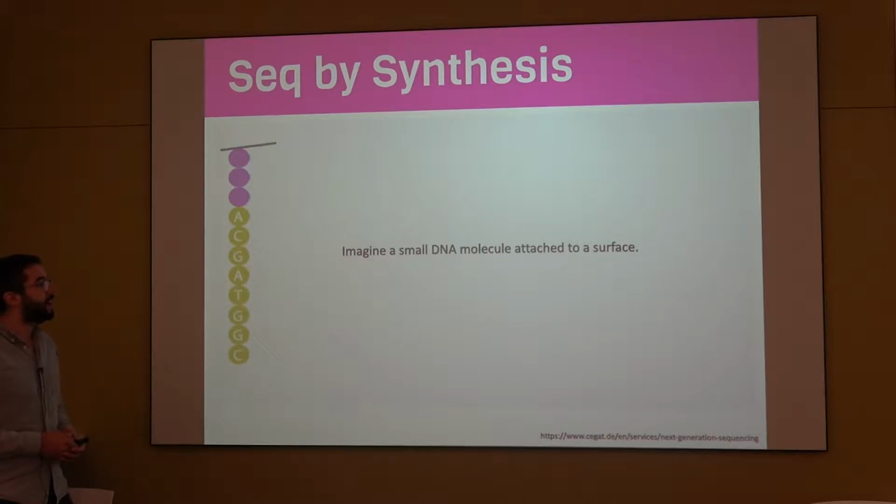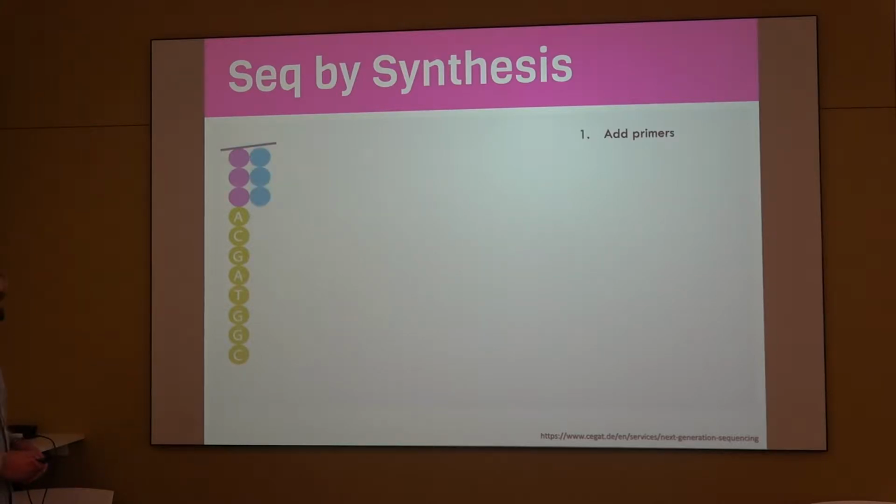The first thing that you need to do is add a primer, which is nothing but a complementary shorter DNA fragment to the DNA that you are trying to read. So at the beginning, you just take a smaller DNA fragment that just finds its complement.